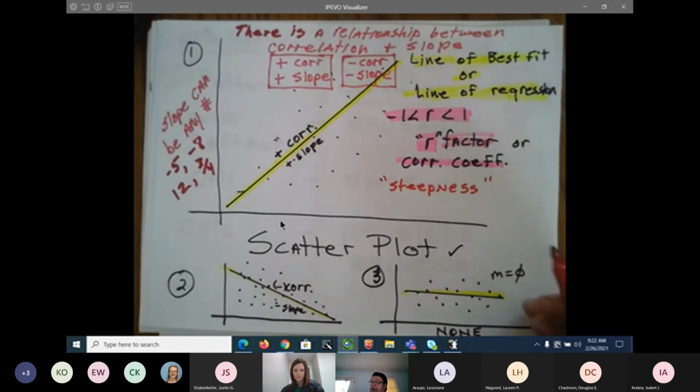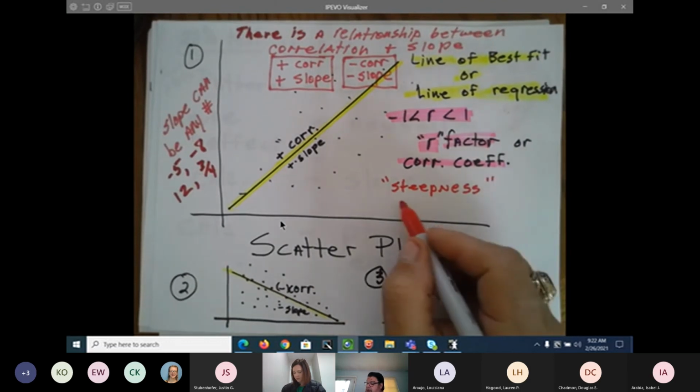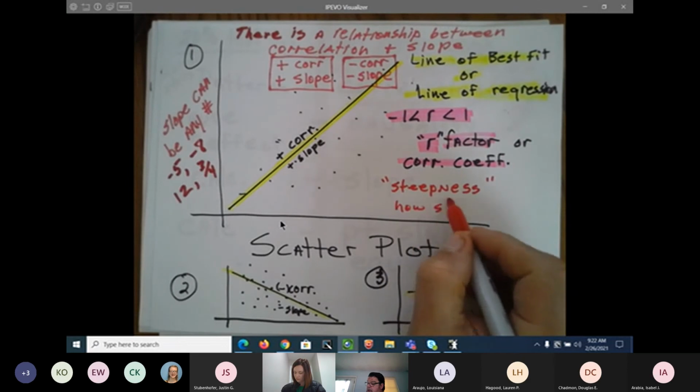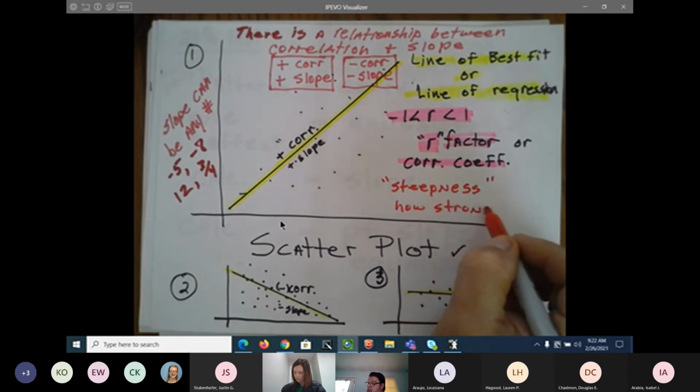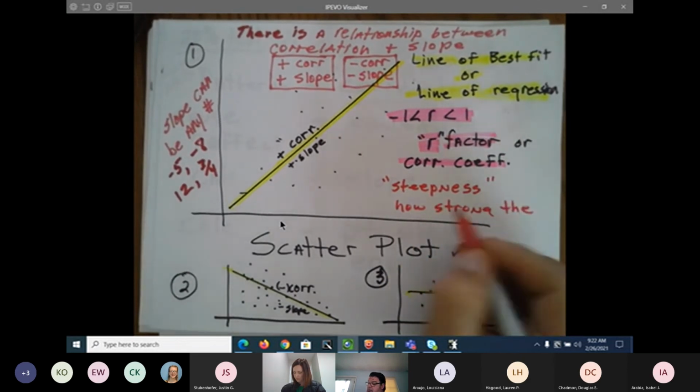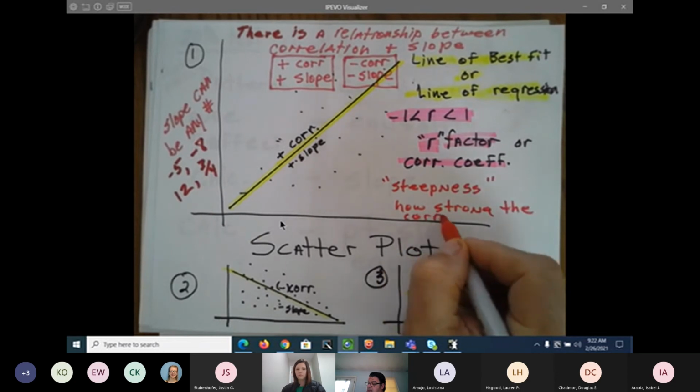The higher the number on slope, the more steep your line is. But the steepness on correlation is how strong it is. How strong the correlation is.